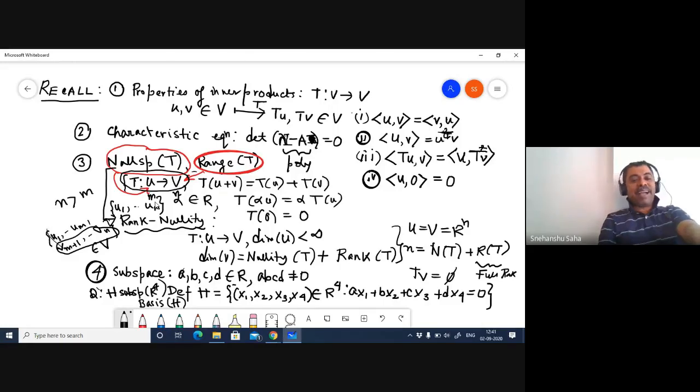If I had written it the other way around, which means that M is greater than N, then I would have meant that the dimension of U is greater than the dimension of V. Guys, this just relates to a system of equations where you have two possibilities: your number of variables is greater than the number of equations, or the number of equations is greater than the number of variables. Both can happen, right?